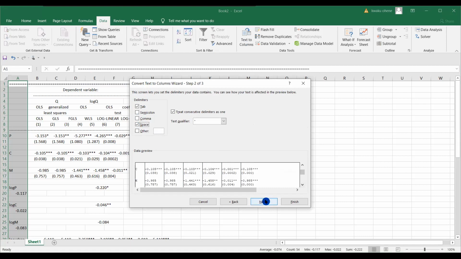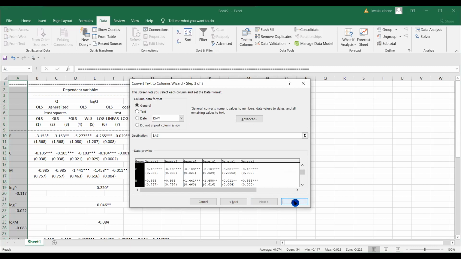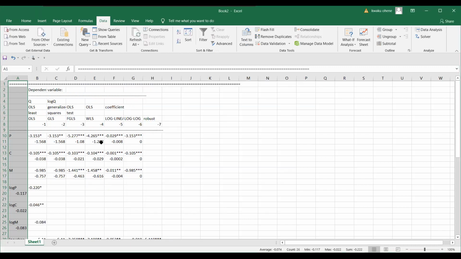Okay, and then I just hope that looks good. So once you have it like that, by the way, the one I did by copying it into Word, you can see.